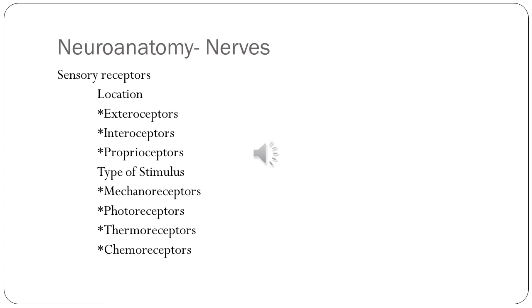Then we have classification based upon the type of stimulus that the nerves detect. First we have our mechanoreceptors. Mechanoreceptors are responsible for basically physical force. For instance, touch, pressure, and stretch are all things that mechanoreceptors sense.